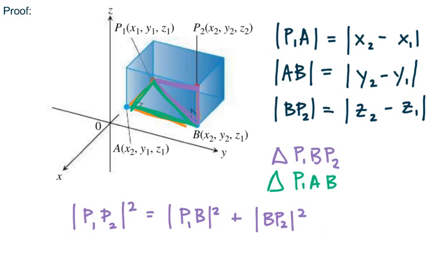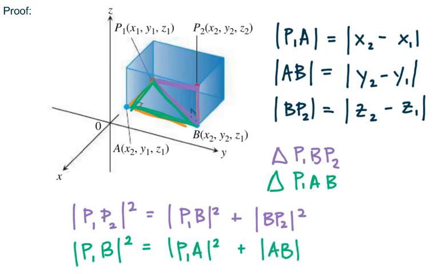Hypotenuse squared equals the sum of the 2 legs squared. Similarly, for that base triangle, that hypotenuse would be P sub 1 to B squared equals P sub 1 A squared plus AB squared.